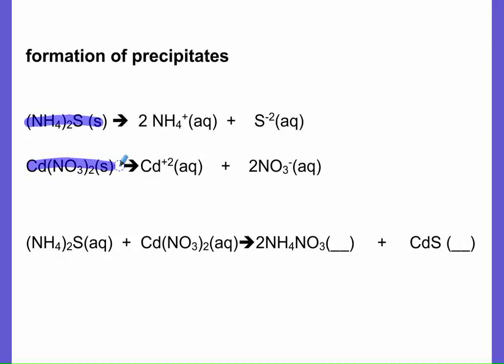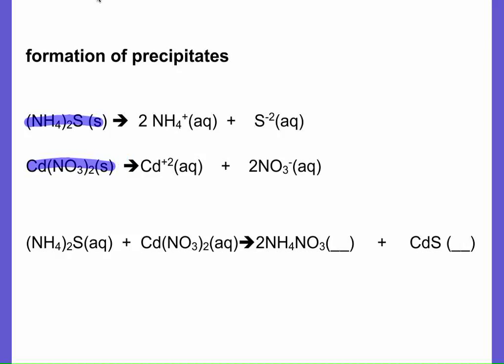So looking at this problem here, I have ammonium sulfide that's being combined with cadmium nitrate. So what I want to look at are the new combinations that are possible, and I've already done that work for you here.